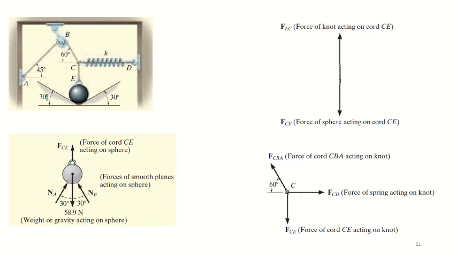All these are unknown forces, so you just label them accordingly with their directions. This is how we draw the free body diagram for a particle.